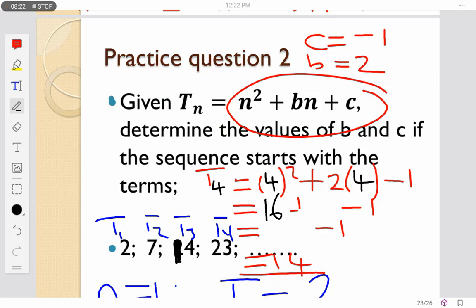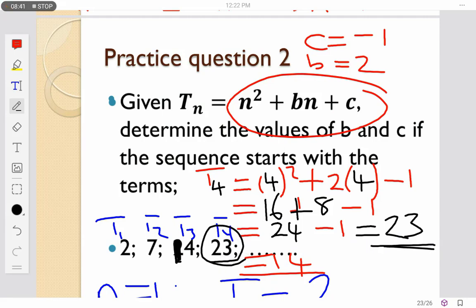Then plus 2 times 4, we get 8, minus 1. So 16 plus 8, we get 24, minus 1, we get 23. So that's how you do these questions.